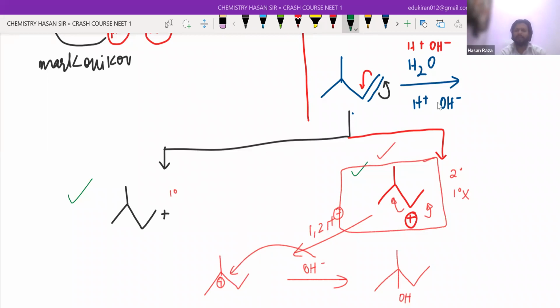You can also remember this by Markovnikov's rule, but sometimes Markovnikov's rule fails in this situation, because this is more stable, so this is the major product. Is that clear? Can I change the slide?